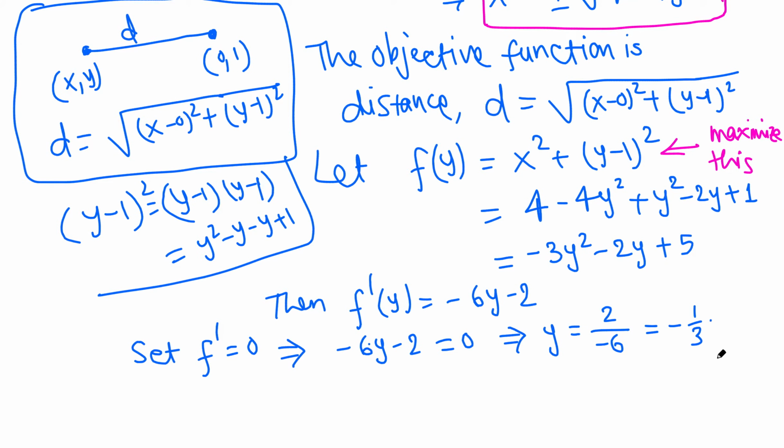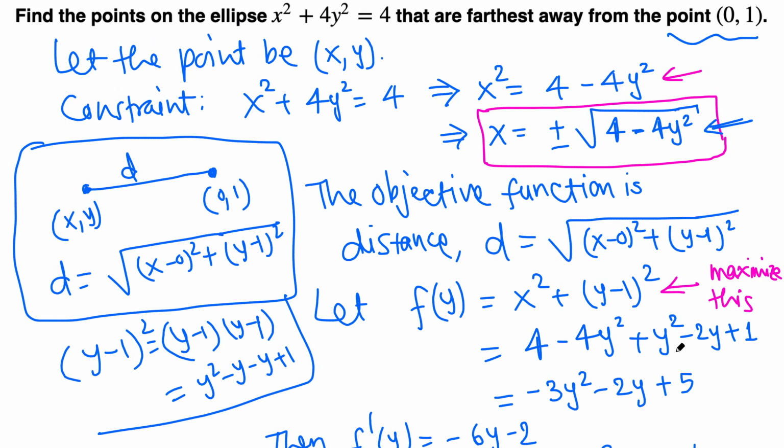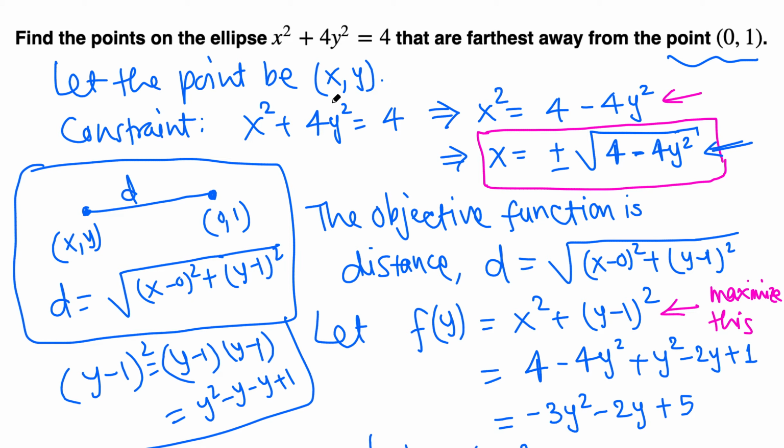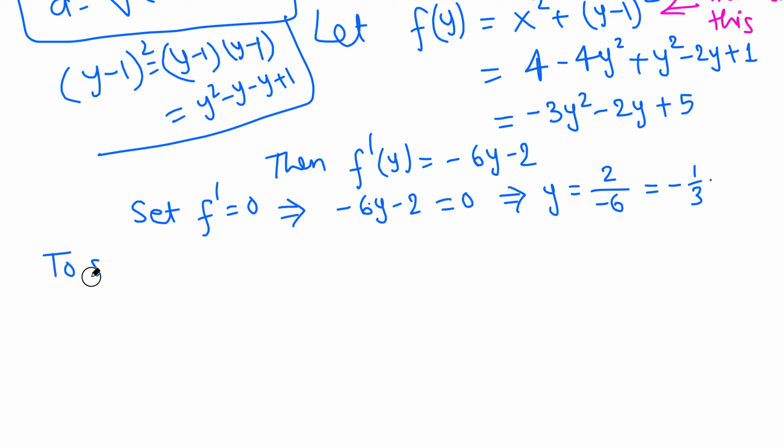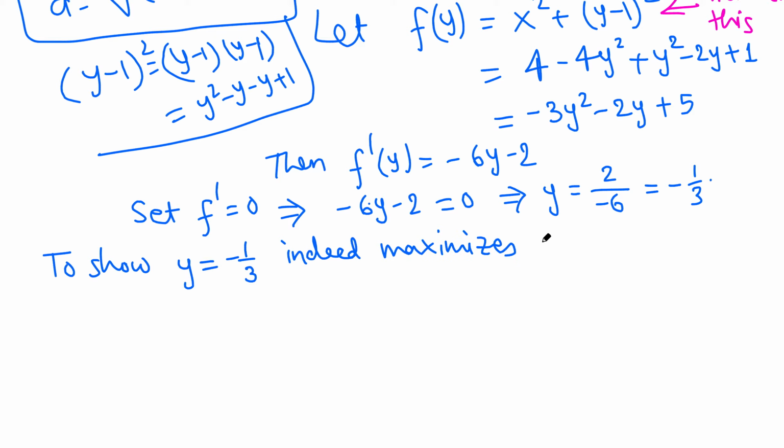Now we need to verify this y indeed maximizes the distance, because we want to find the point (x, y) that is farthest away. So to show y = -1/3 indeed maximizes f, we find the second derivative.